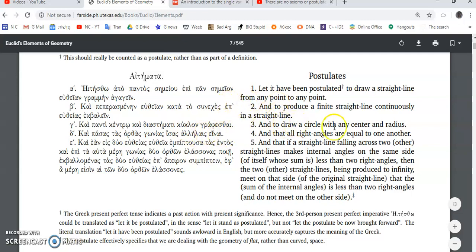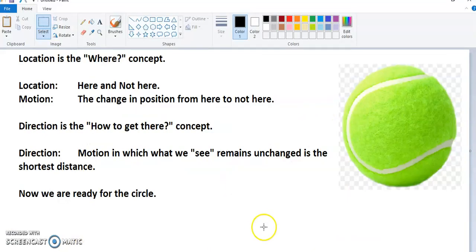And the second one is to be able to produce a finite line continuously. Well, look at this. If we're over here and we move towards the center of this image, it doesn't even have to be a tennis ball, whatever it is, just towards the middle of it, then obviously we can move away from it again.